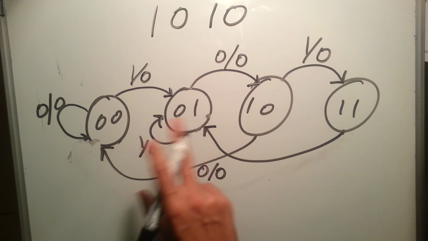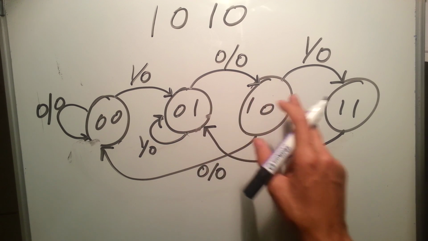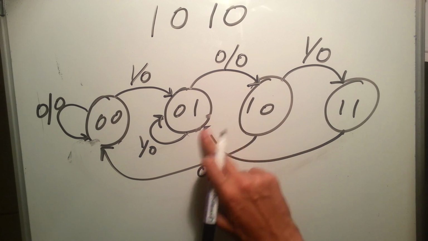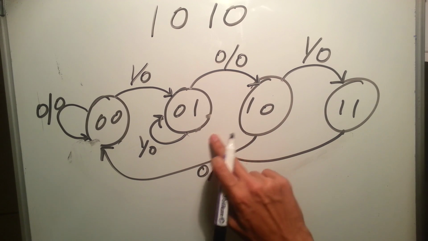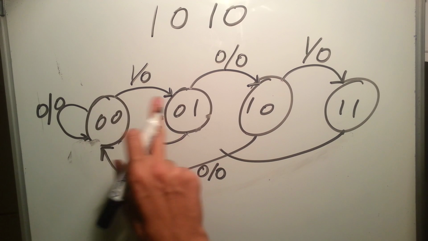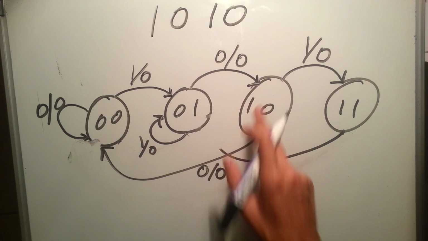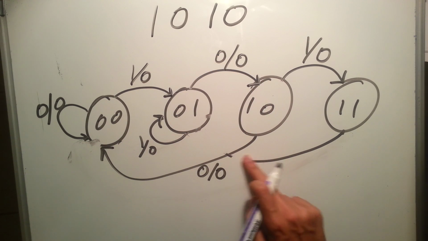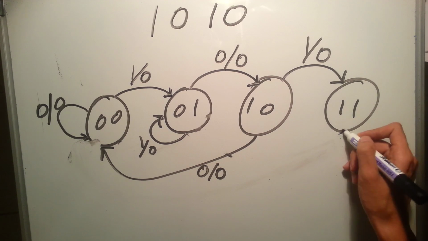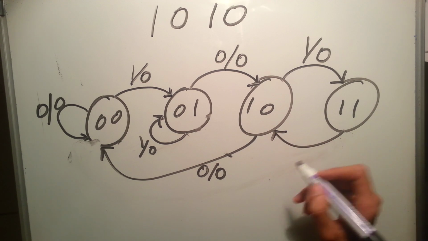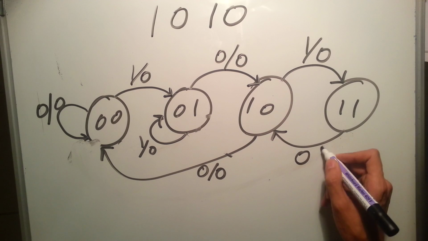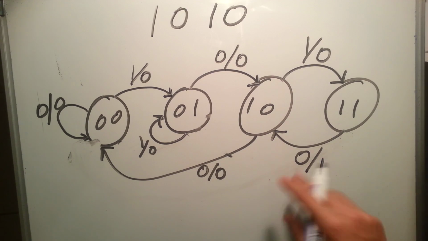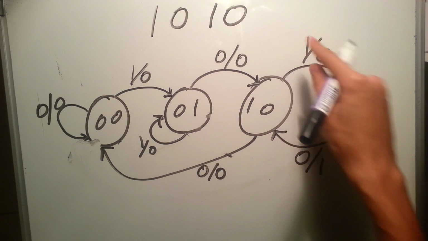No, I'm sorry, making a lot of mistakes. So this is 1, this is 0, so you'll go to this state if you got a 0, but with output 1, because you already achieved the 1010.